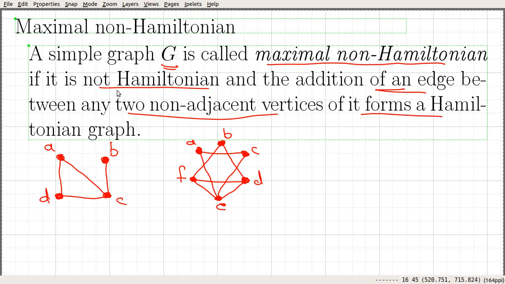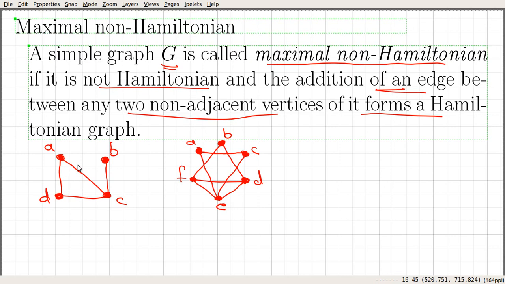So such a graph is called a maximal non-Hamiltonian graph. So if you add one more edge to a maximal non-Hamiltonian graph, you get a Hamiltonian graph. So here are two examples of maximal non-Hamiltonian graphs. If you look into this graph, it doesn't have a Hamiltonian cycle, so it is not a Hamiltonian graph.